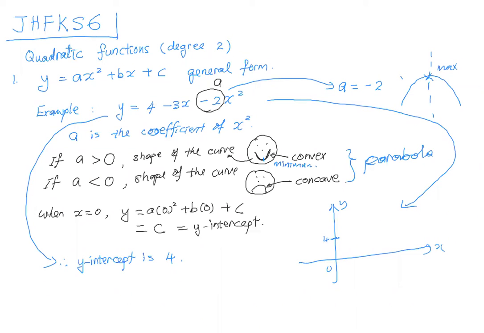So how am I going to know the coordinate of the maximum point? If I give you a general form and you want to know the coordinate of the maximum point, then you have to do calculation.